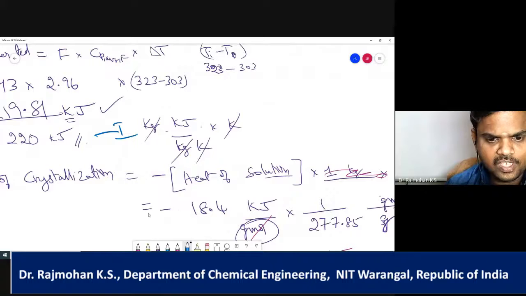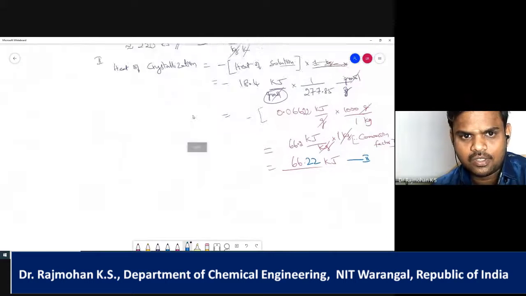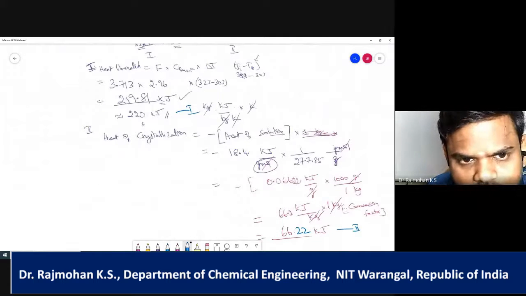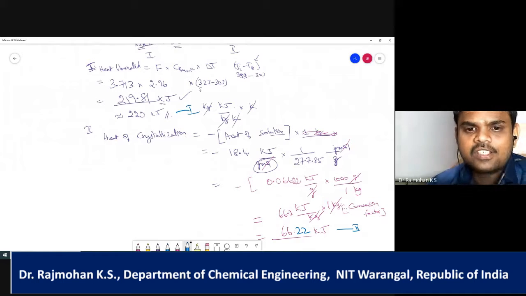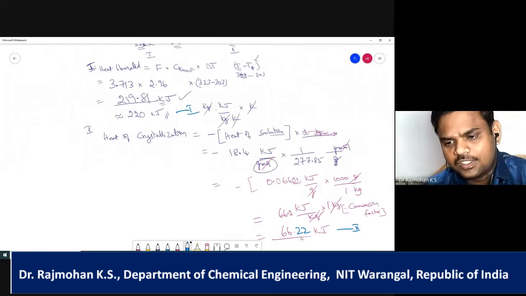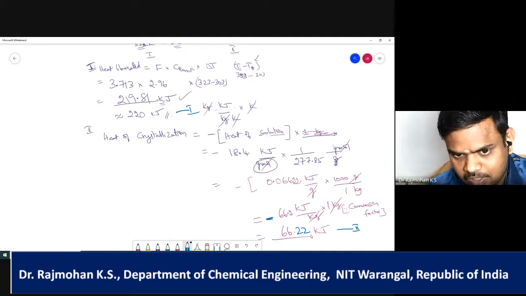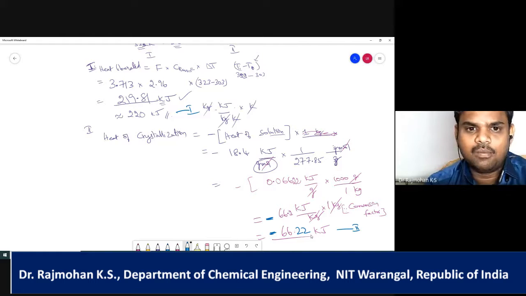So adding these two, we get the total heat liberated. Heat liberated by cooling from 323 to 303 Kelvin is 220 kilojoules, and 66.22 kilojoule is actually the heat of crystallization. So what is the total heat liberated?